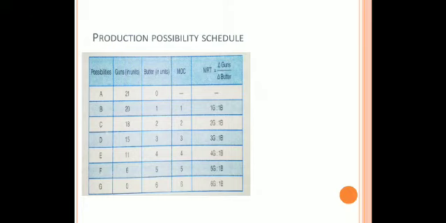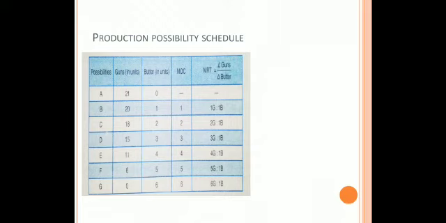But in possibility B, we are using some resources to produce butter, so butter is 1 and guns is 20. In possibility C, butter is 2 and guns is 18. In D, butter is 3 and guns is 15. In E, butter is 4 and guns is 11.